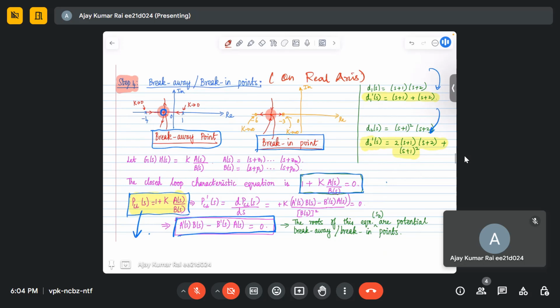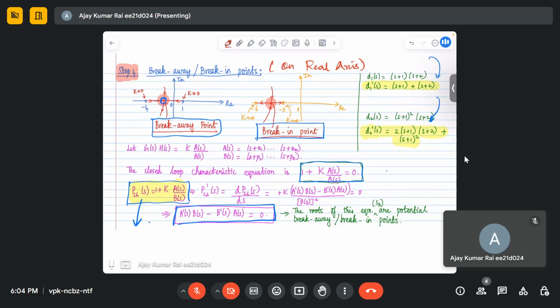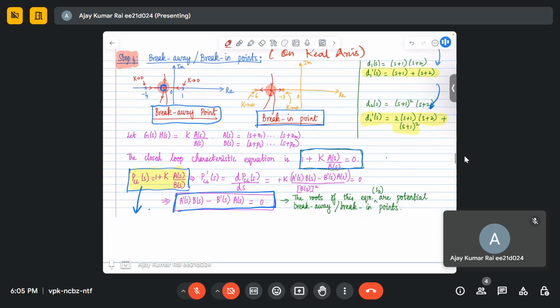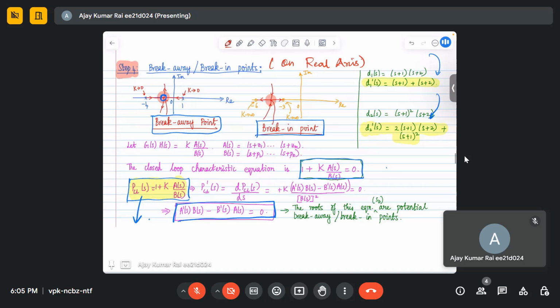When the root locus comes from the complex plane to the real axis, we call that point the break-in point. What is special about these points is that we have multiple roots for the same value of k, and based on that we calculate the value of k.